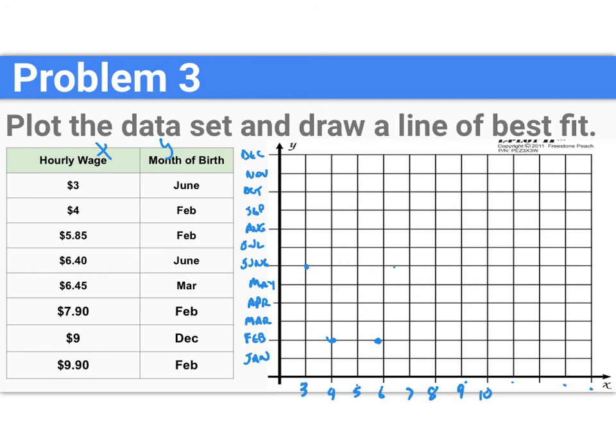So halfway between 6 and 7. $6.45 was March. Just a skosh to the right of June. $7.90 was February.